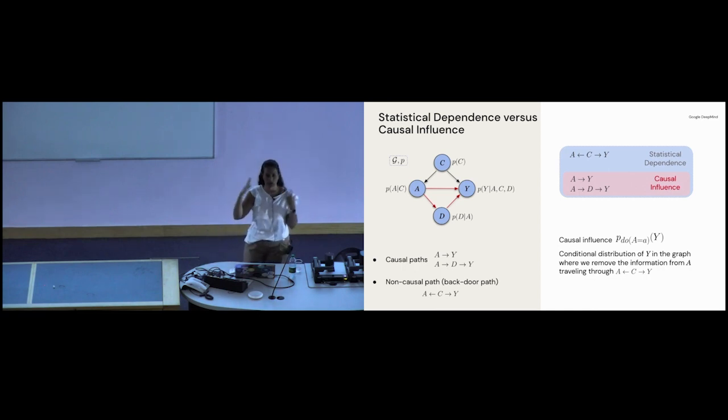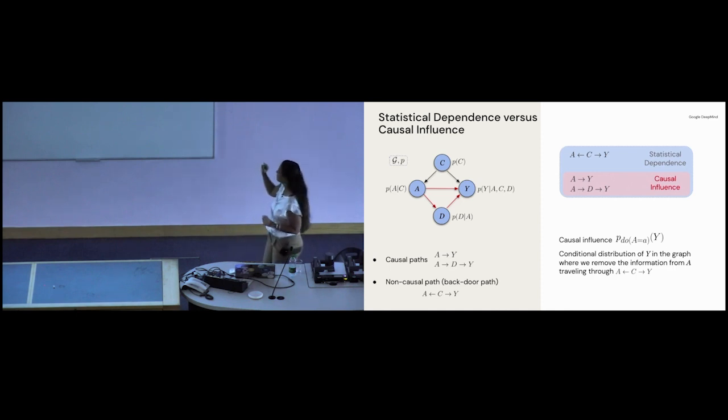This is very high level, but just to understand that in causal inference, what we try to do is to distinguish between these red edges, which are the causal ones, and the path that is instead spurious, which is the black one. And how do we do it? We do it by computing this interventional distribution, P of y given do of A equals a. I know that generally the notation is P of y given do of A, it's the same thing.